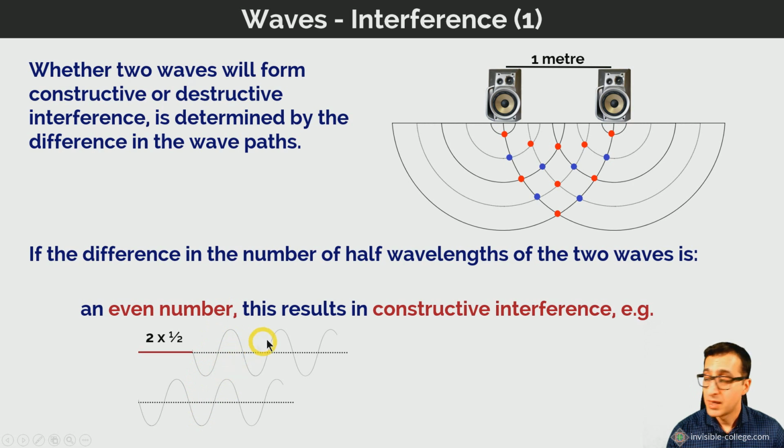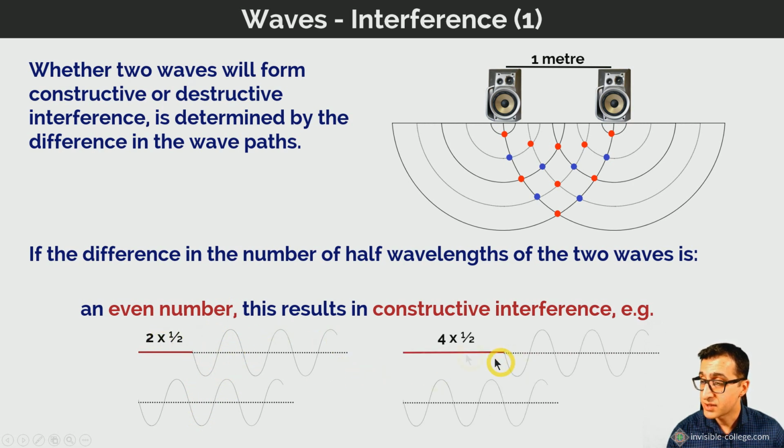If we then use another even number of half wavelengths, so this one would be 2 half wavelengths, making one complete wave, and this would be 4 half wavelengths, making them 2 complete waves out of phase, you still get constructive interference.